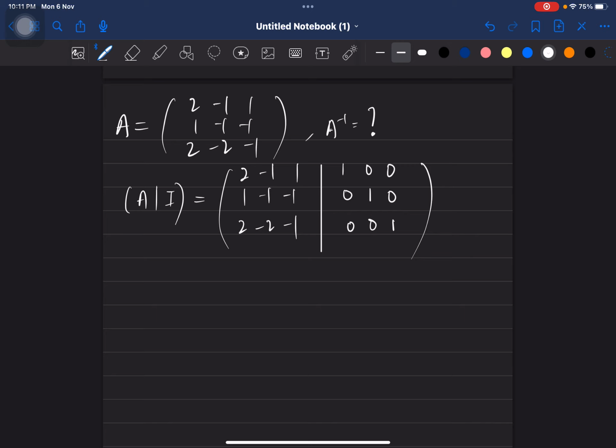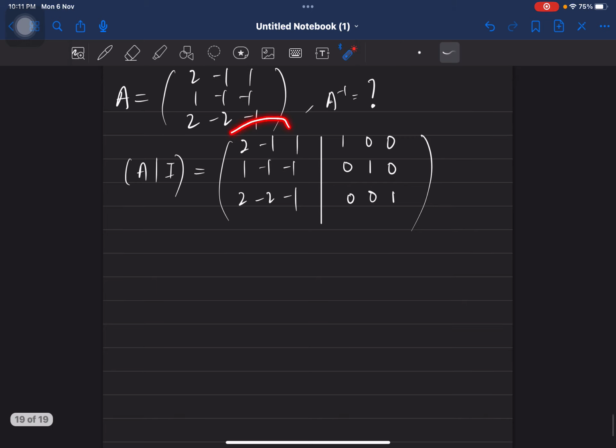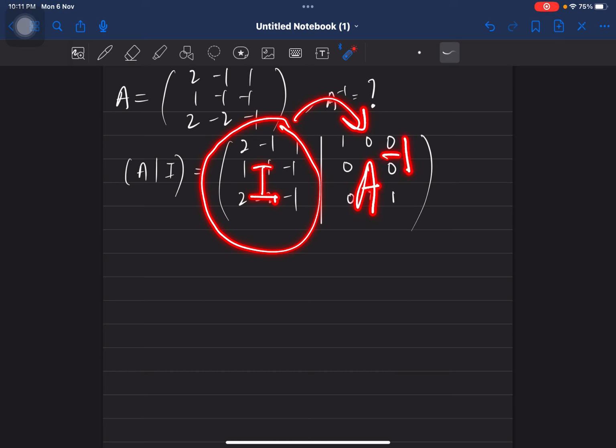Okay, so why do we need to write this? Our goal is to make this side become identity. Once this side has become identity, then this side will automatically become the A inverse.